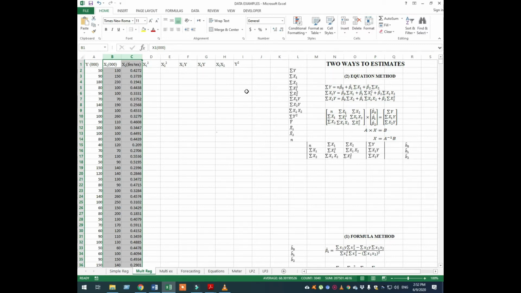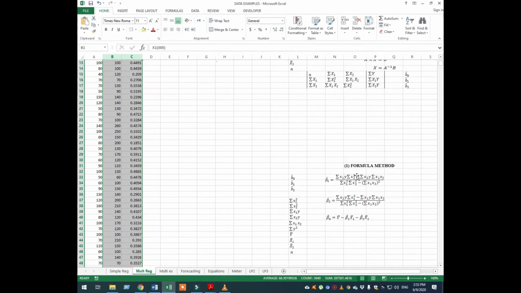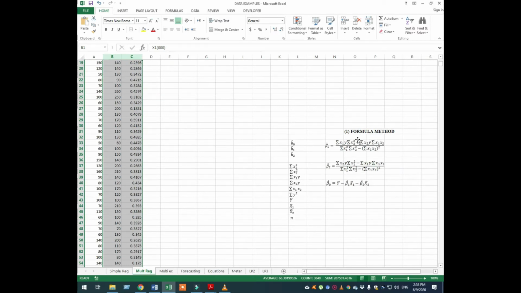Now for estimating the multiple regression model again, we have two ways: one is the equation method, another is the formula method. I have taken the equation method first, and then we will go for the formula method.